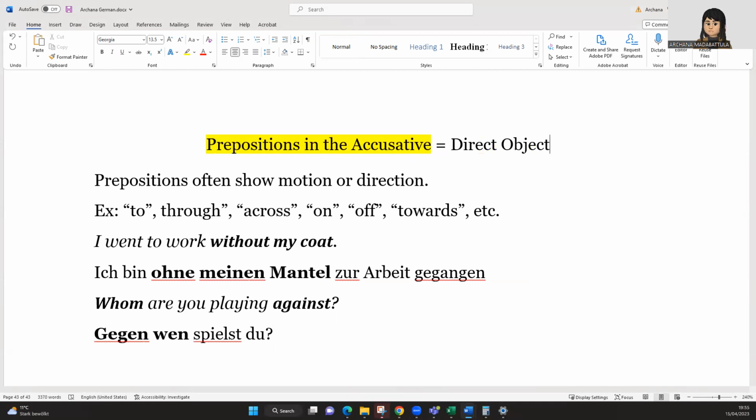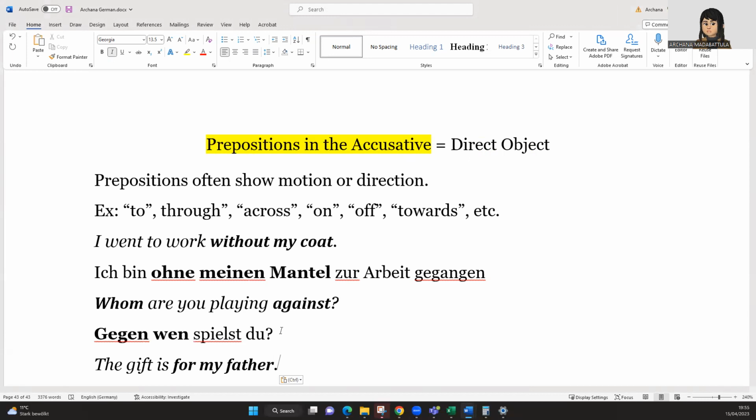The gift is for my father. There is a gift, and the gift is for whom? For my father. So the direct object is my father.